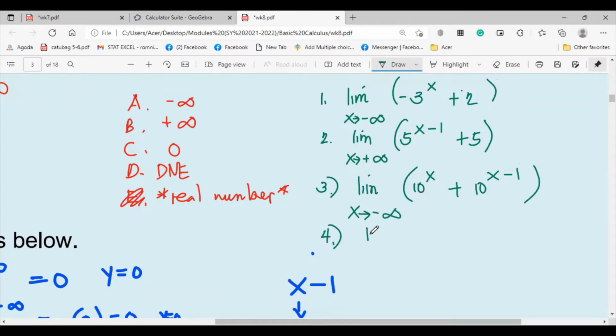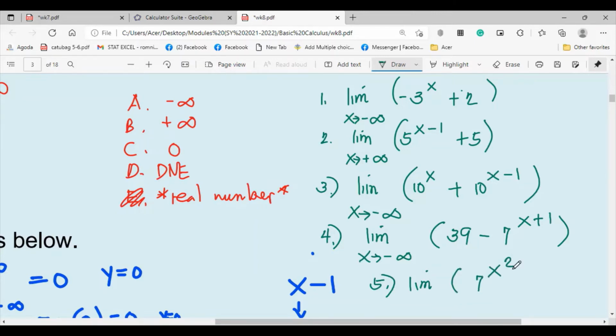Number 4, what is the limit of 39 minus 7 raised to x minus 1 plus 1 as x approaches negative infinity? And in number 5, what is the limit of 7 raised to x squared as x approaches negative infinity?